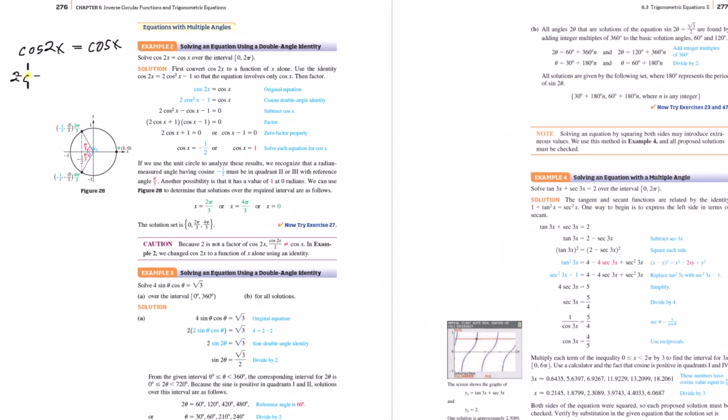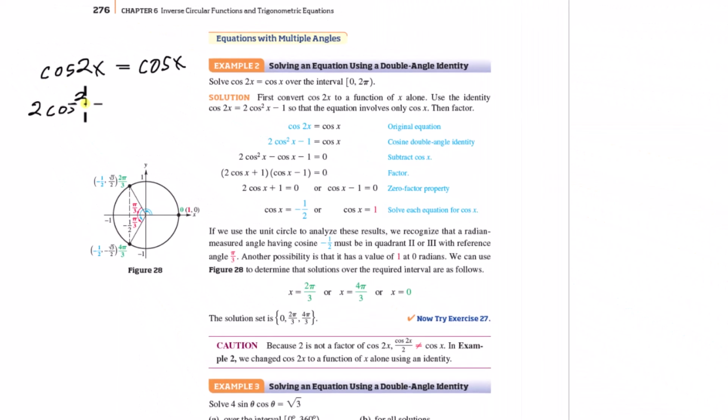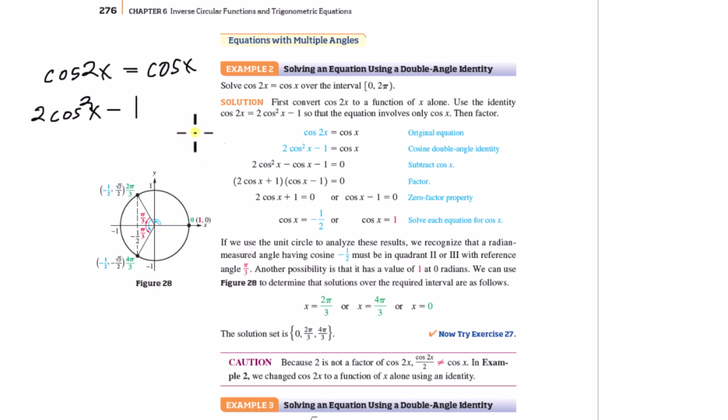So 2 cosine squared x minus 1 is equal to cosine x. Now if we say u is equal to cosine x, then we've got 2u squared, and subtract cosine x from both sides, minus u minus 1. And that's just a quadratic.